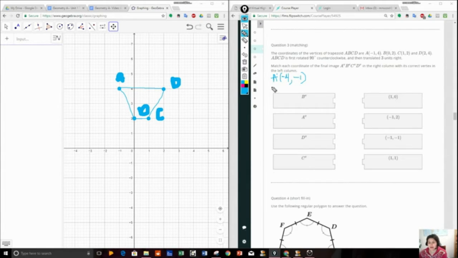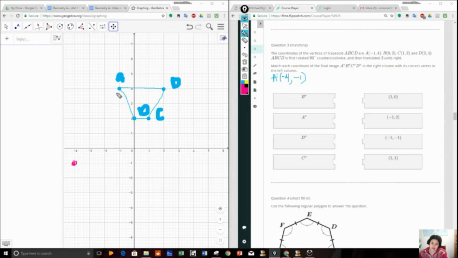So after it being rotated 90 degrees, A would be located at -4, -1. So A would be located right here.